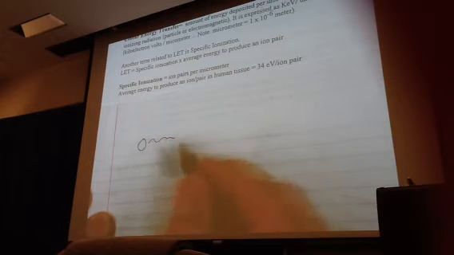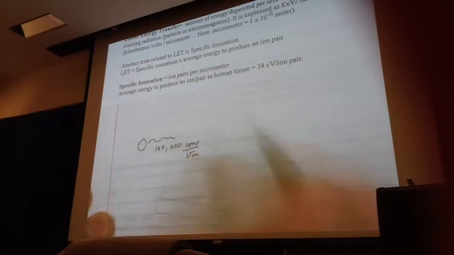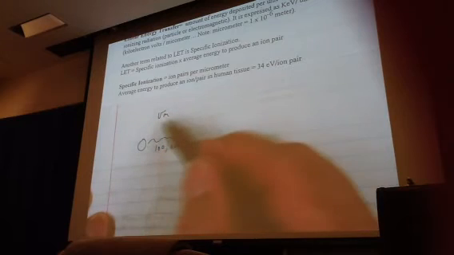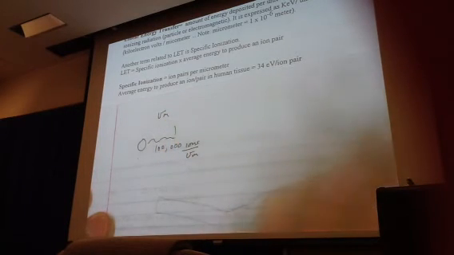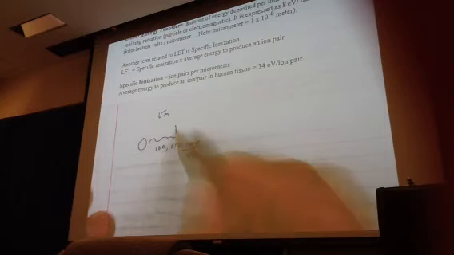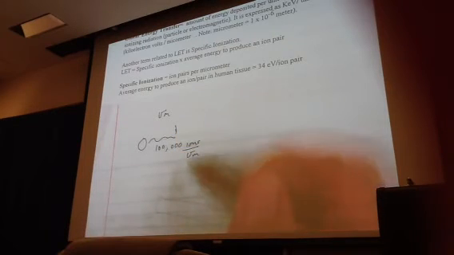If this is my source of radiation, and I measure the path of ionization along here, let's say that we get 100,000 ion pairs. This is a 1 micrometer distance. Remember, it's a millionth of an inch. That's a lot of energy being deposited along that. So we have the number of ions. This is the specific ionization.